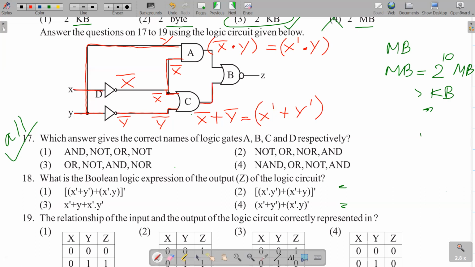Those two are going to settle into a NOR gate. The NOR gate sums up the things and then inverts.